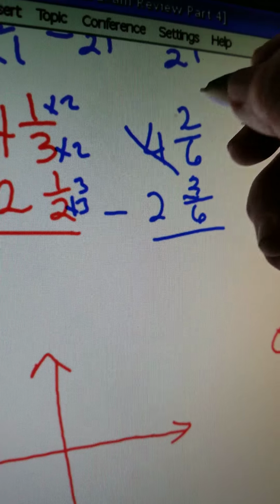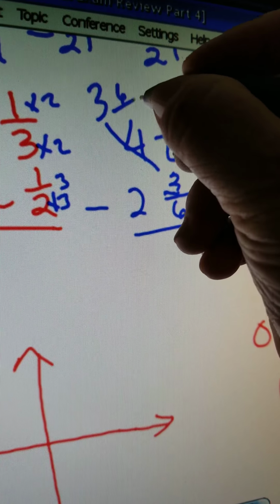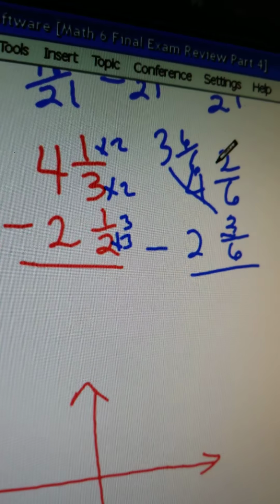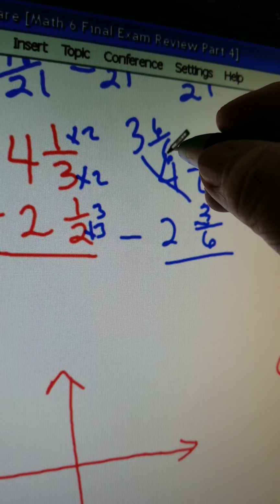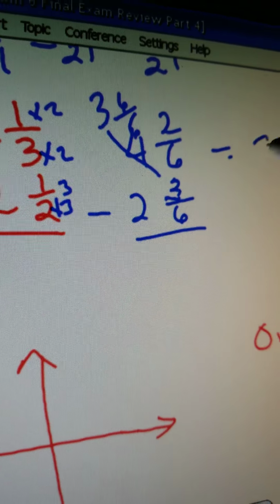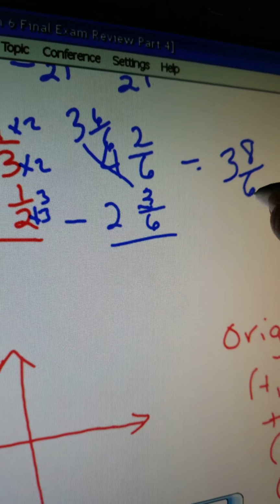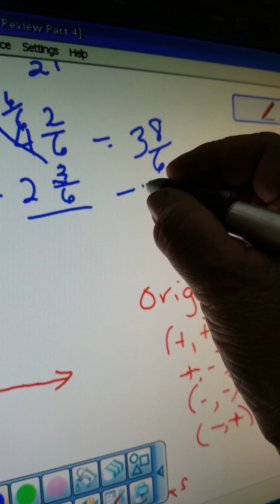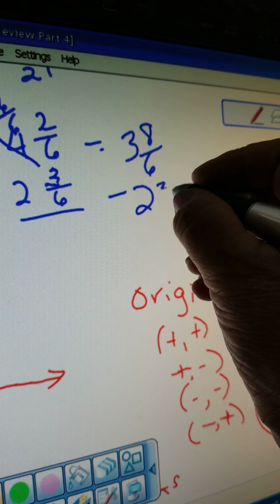We rename the 4 as 3 and 6/6, because any number over itself equals 1. So 3 and 6/6 is your 4, and we have 2/6, so that becomes 3 and 8/6, minus 2 and 3/6. Then we can subtract 1 and 5/6.